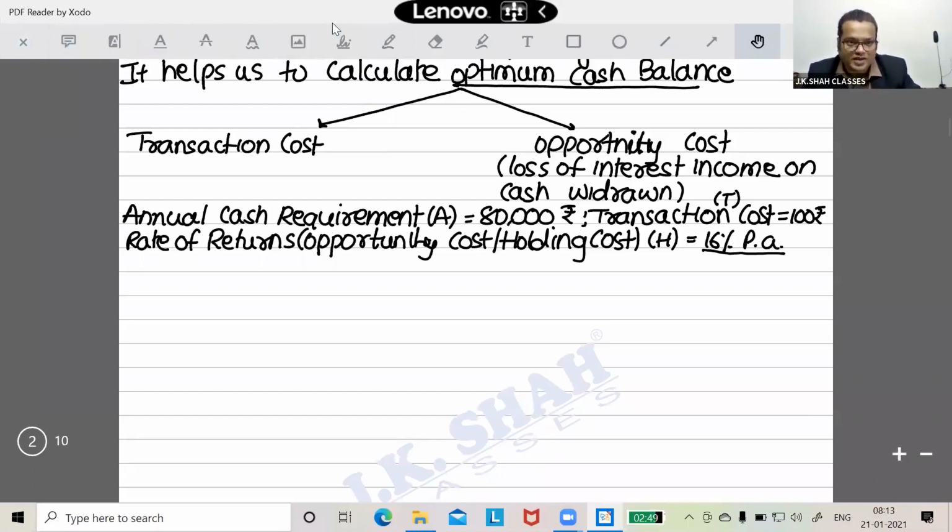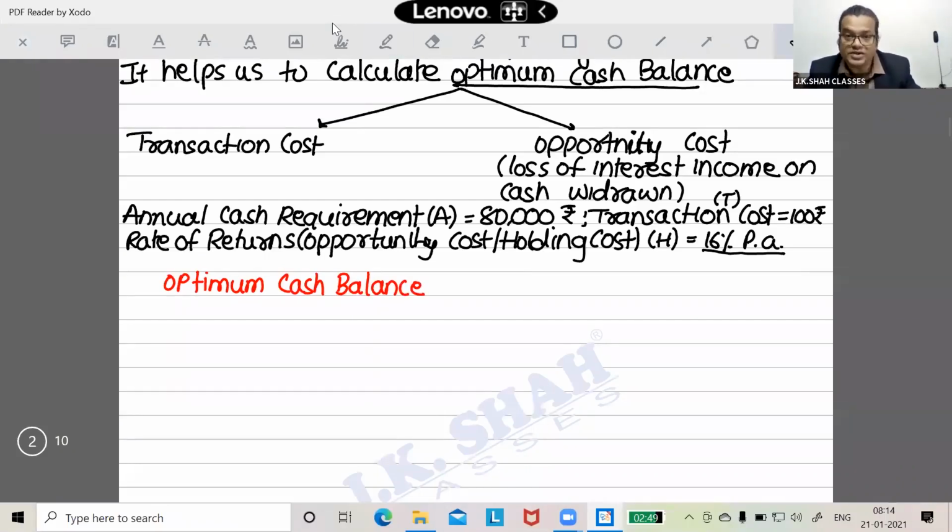In life also, you should know where you are heading. The formula for the optimum cash balance, according to Mr. W.J. Baumol, William Jack Baumol, is the root of 2AT upon H.